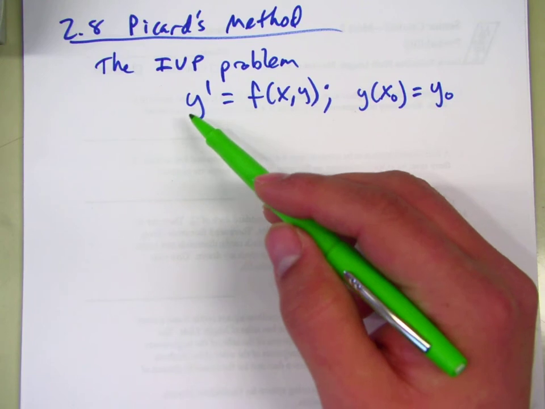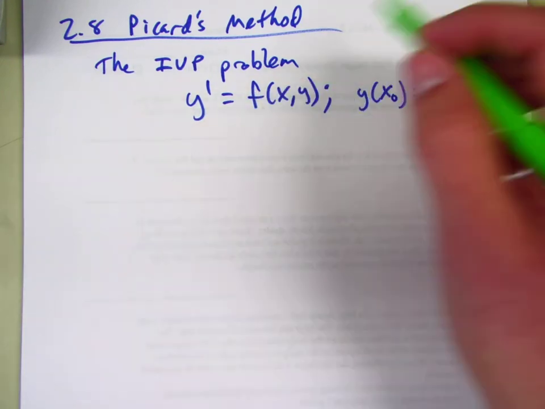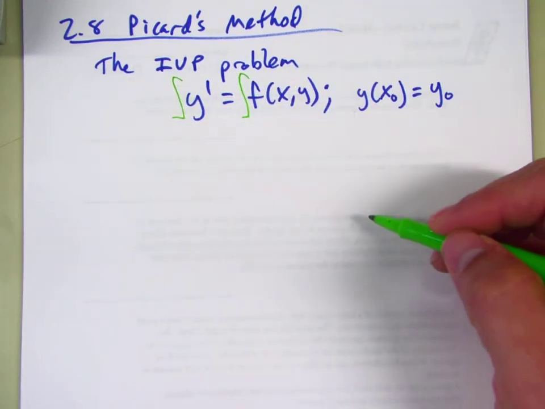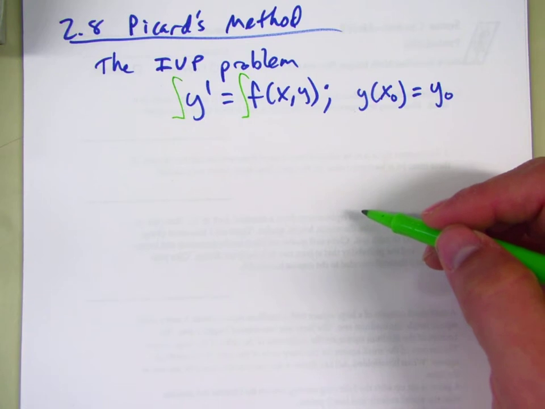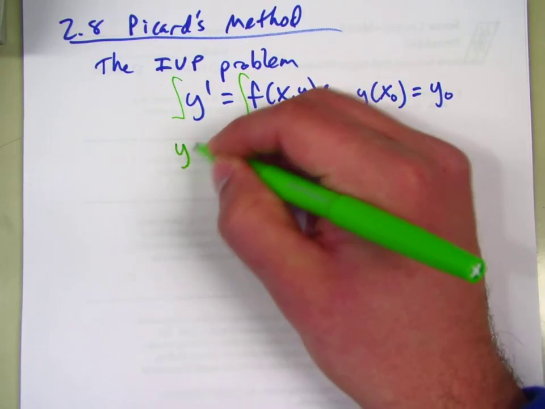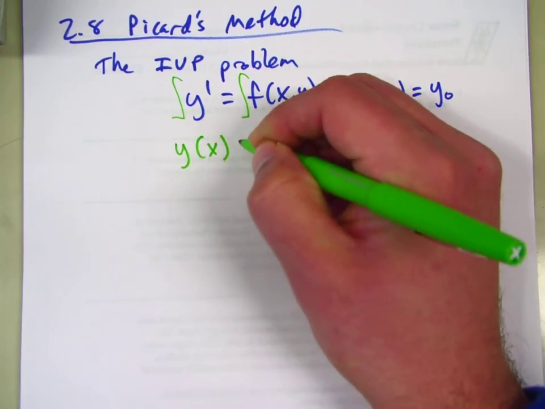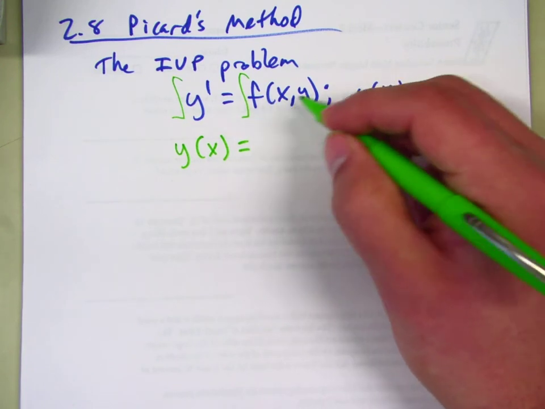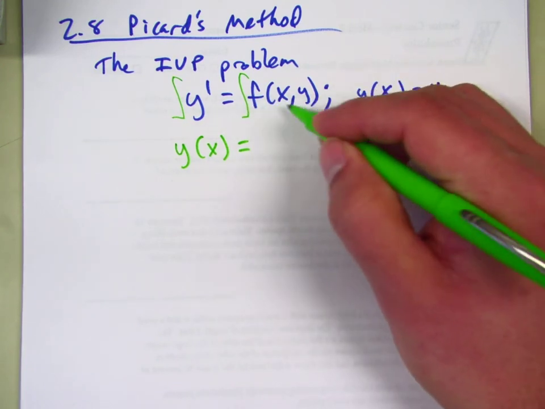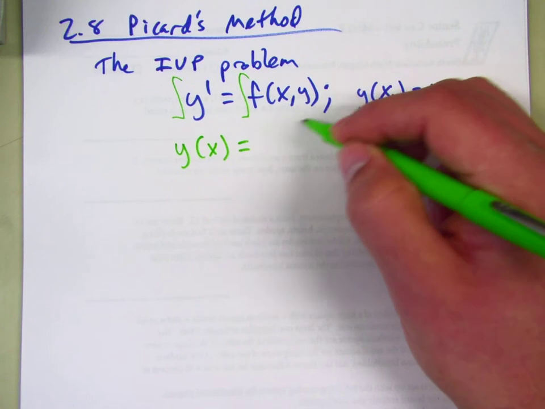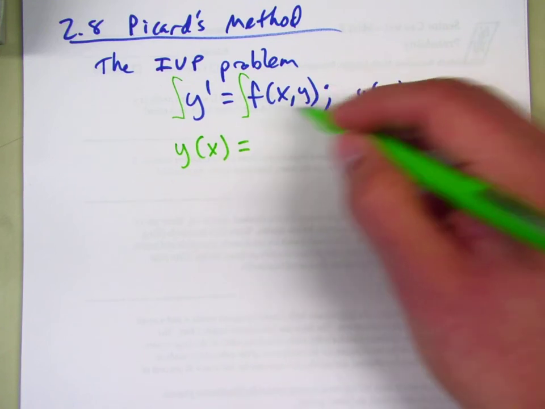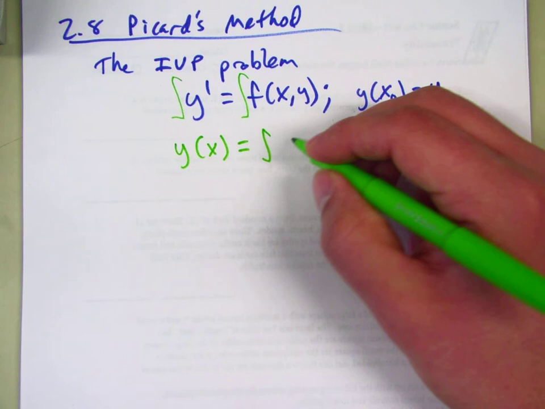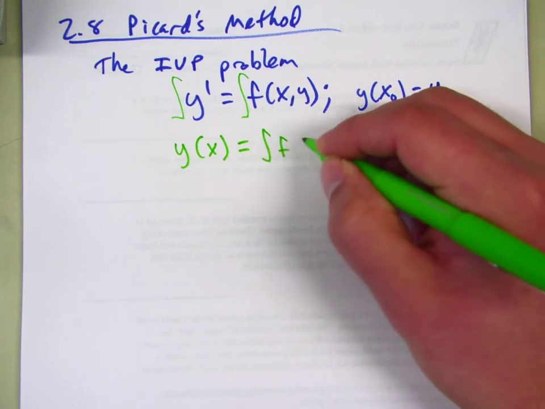So one approach would be to integrate with respect to x. And so now we get y of x. And if we want to integrate with respect to x, we need all of this to be a single variable, right? We can't do a multivariate single integral. So what we can do is get around that by introducing a t.